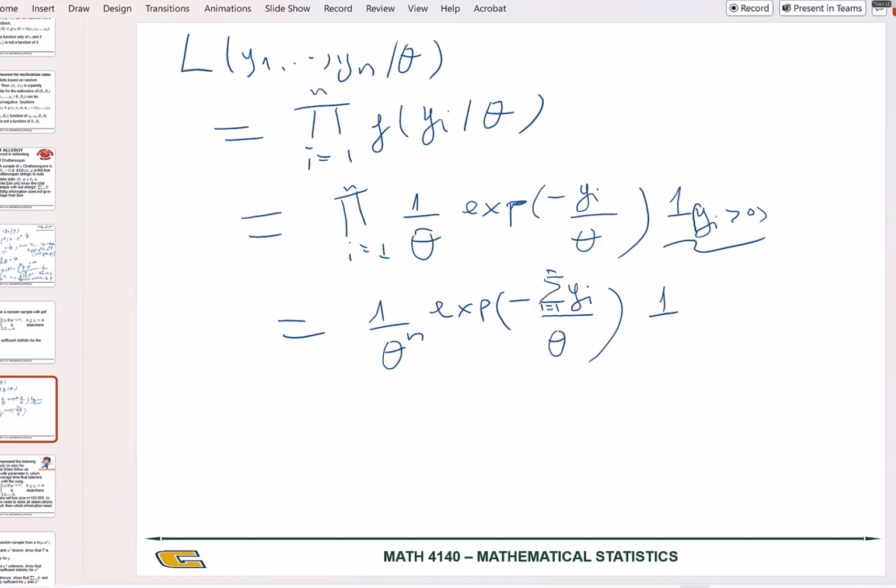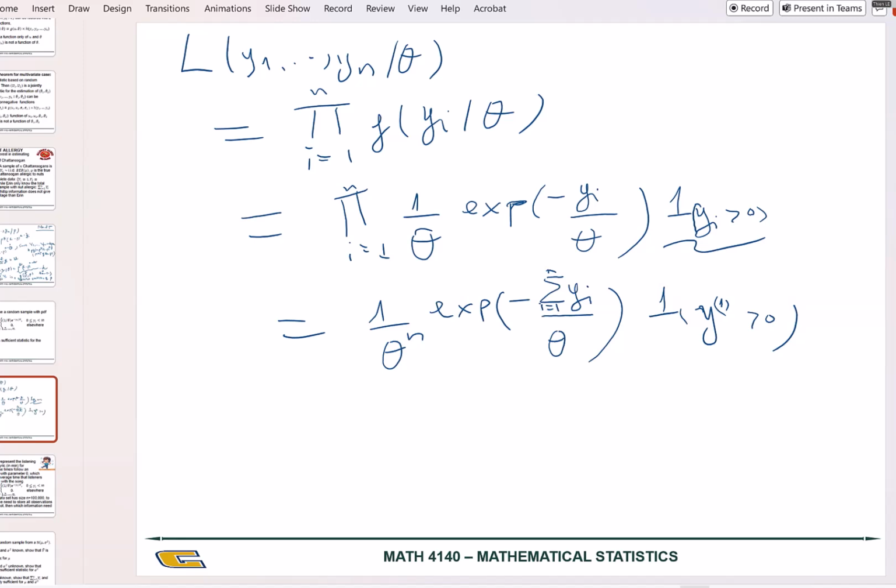And 1{y1 greater than 0}. Basically now the minimum value is greater than 0, because each of them is non-negative, which means the minimum is non-negative.